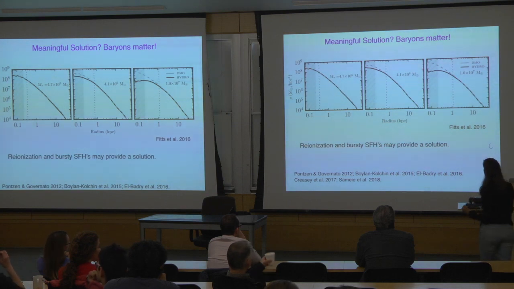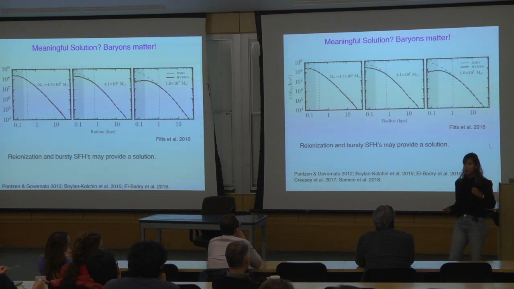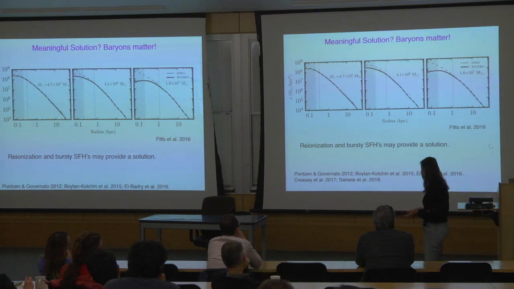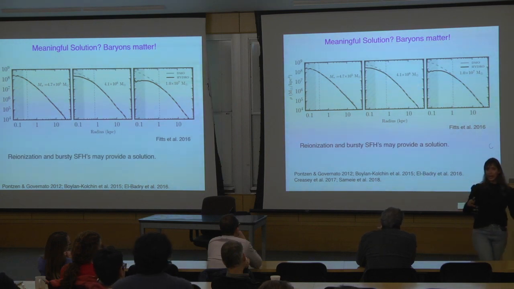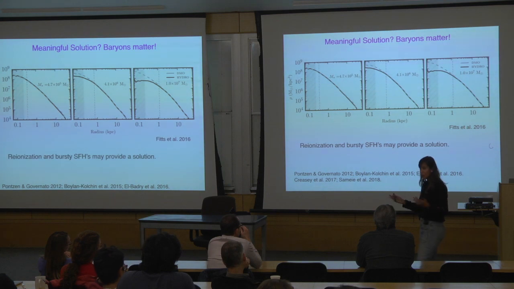Okay, and so the prediction here is that if you have enough stellar mass, this could be an efficient way, perhaps not efficient, but at least a way to turn a cuspy or very dense dark matter profile into a less dense or cored one. Okay, and so you can see that here.